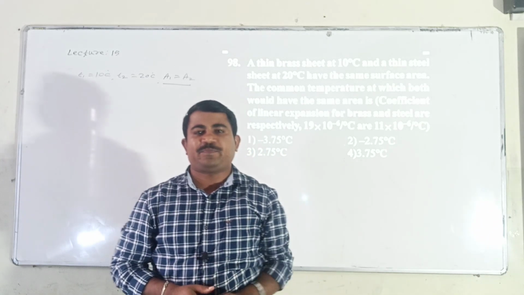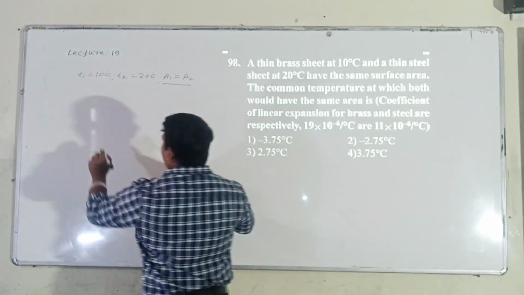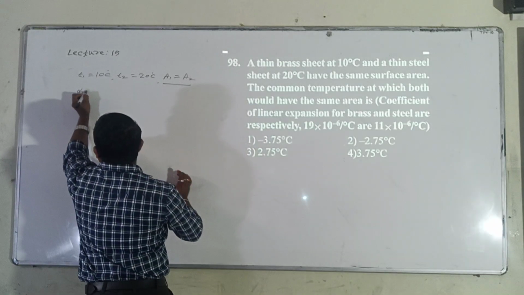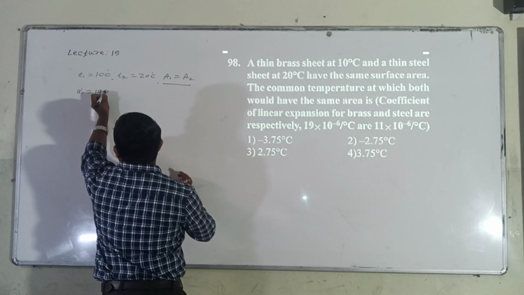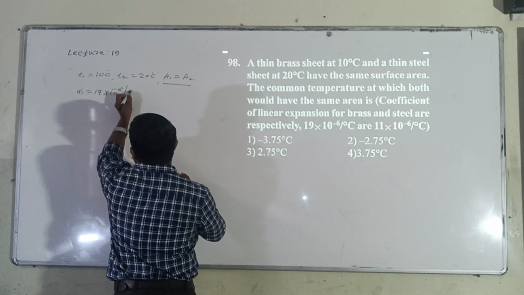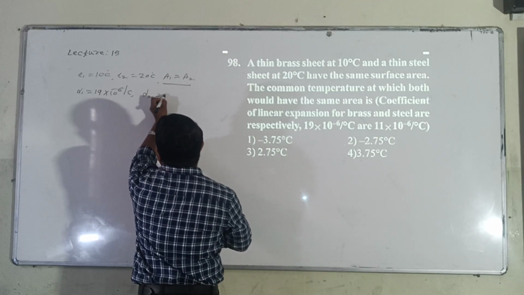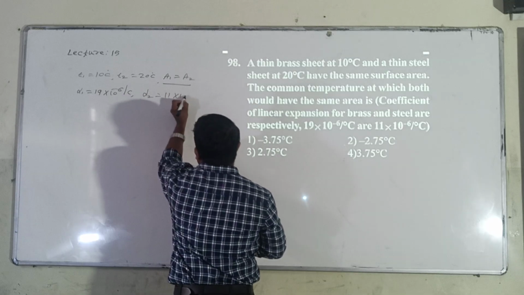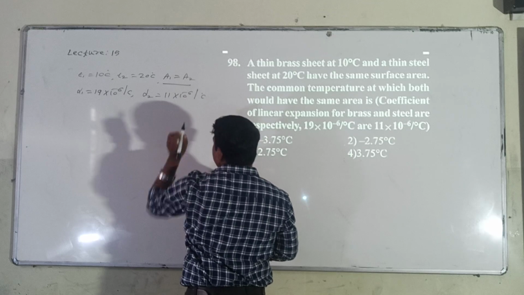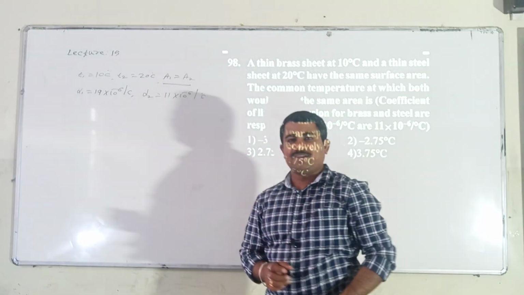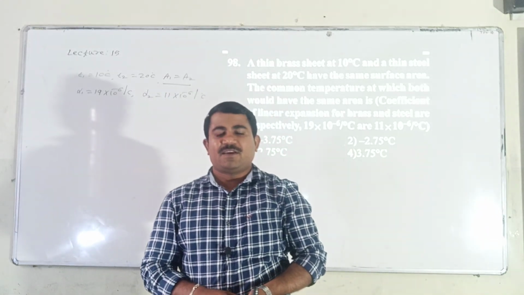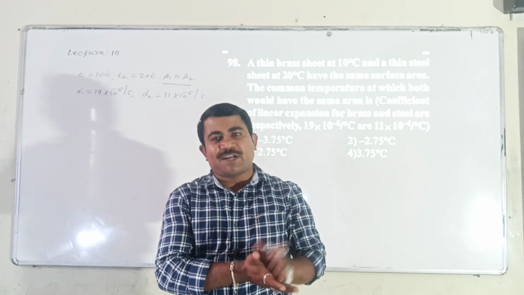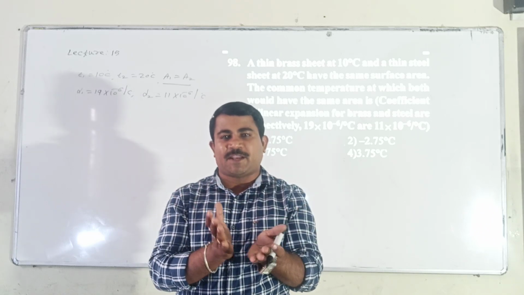I need that value. Alpha 1 is equal to 19 into 10 raised to minus 6 per degree Celsius. Alpha 2 is equal to 11 into 10 raised to minus 6 per degree Celsius.